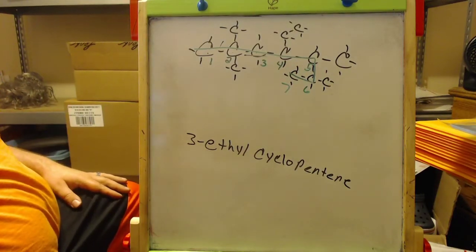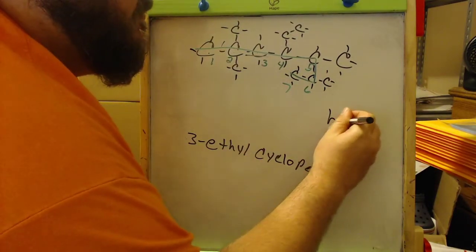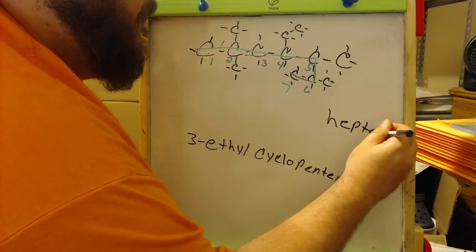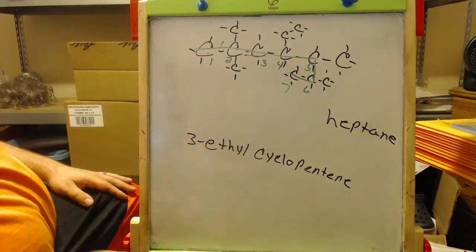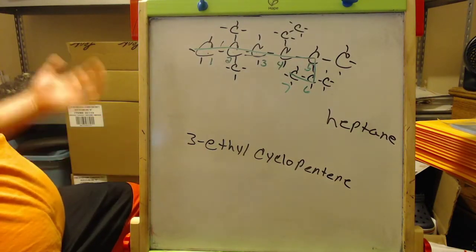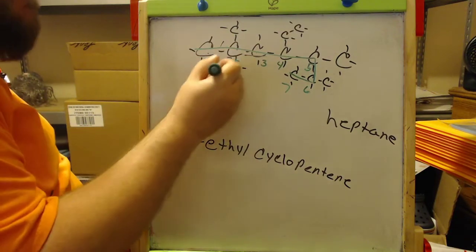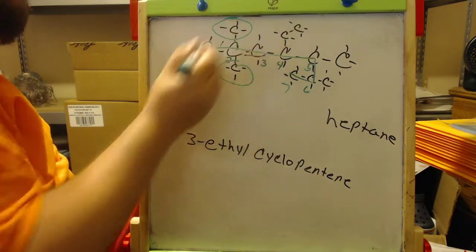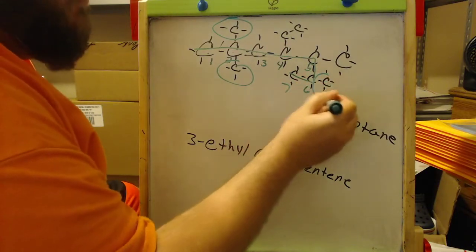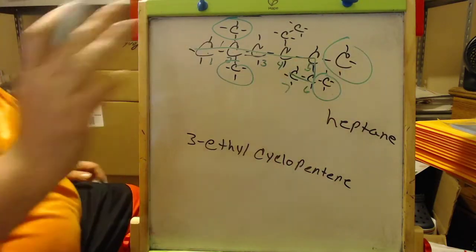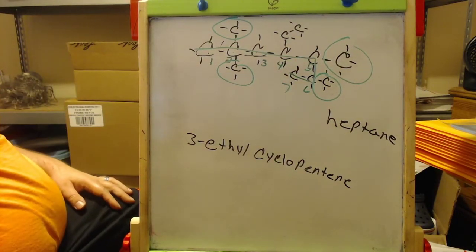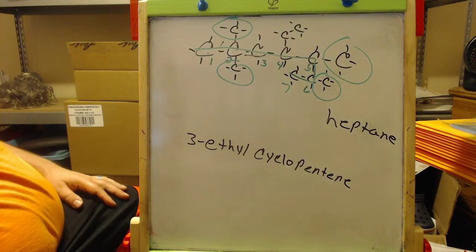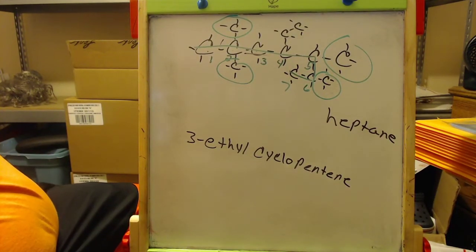They're all singly bonded. Let's call it heptane. Sounds good to me. Let's look at our functional groups or our side chains. I've got a methyl. I've got a methyl. I've got a methyl. And I've got a methyl. I've got 4 methyls. Okay.